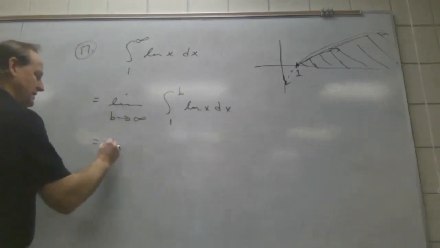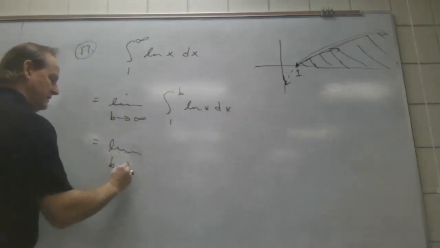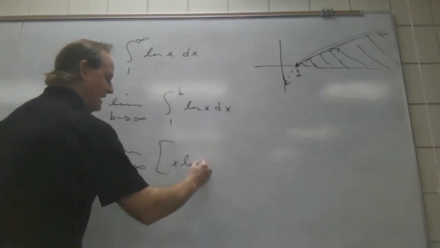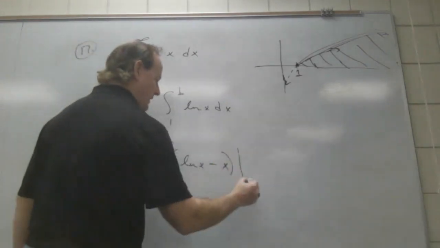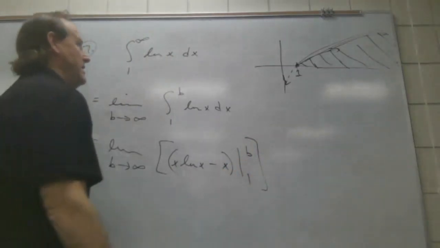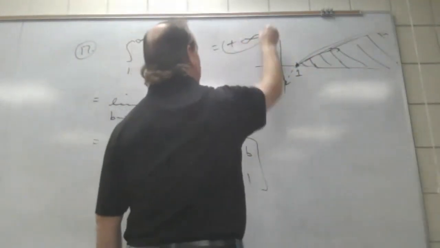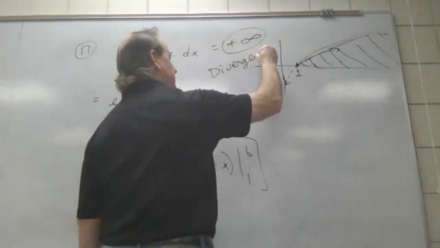And what do you say this is? x natural log x minus x. And then that thing is going to be evaluated from 1 to B. So you can do this if you want, but we know that this is expanding without bound from the graph. So we know that this is going to be positive infinity, which makes it divergent.